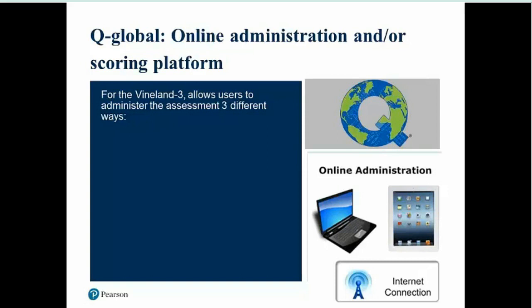The Q Global platform allows users to administer the assessment in 3 different ways. You can do a manual entry, which means you've administered it using the paper pencil form, and then you put the scores into Q Global for scoring.